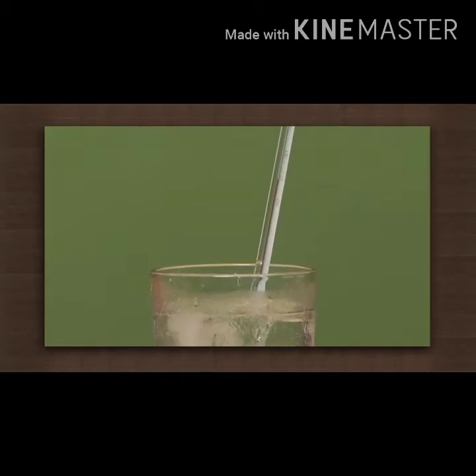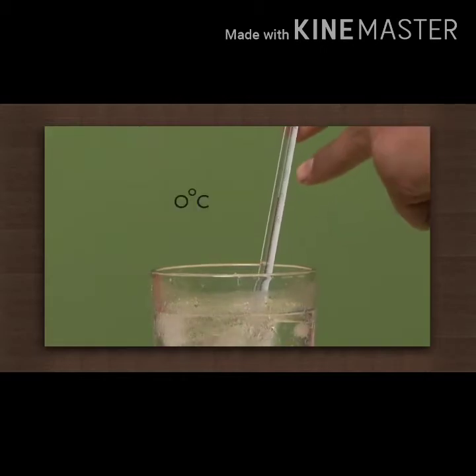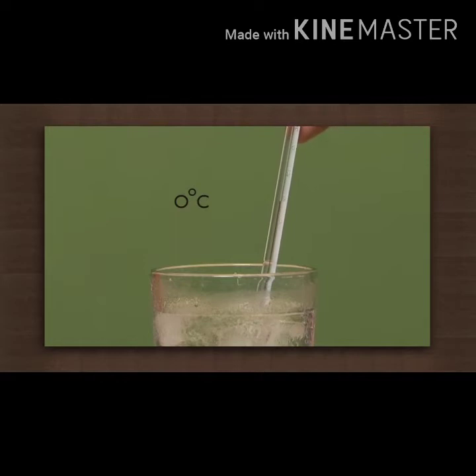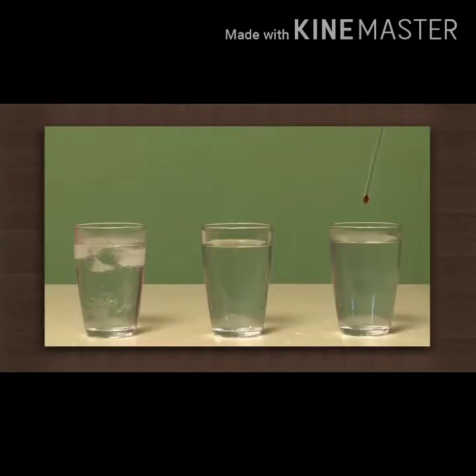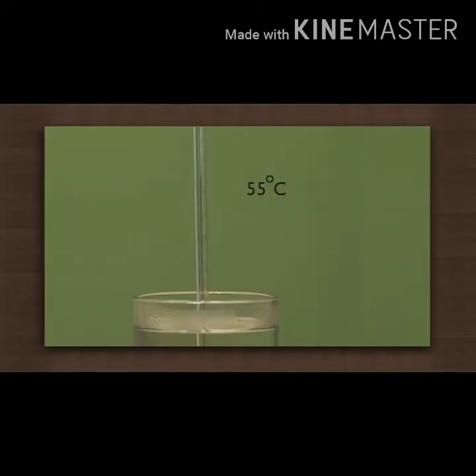The ice cold water is at 0 degrees Celsius, while the normal water is at 22 degrees Celsius, which is the room temperature, and the hot water is at 55 degrees Celsius. So only a thermometer can tell us accurately if any object is hot or cold.